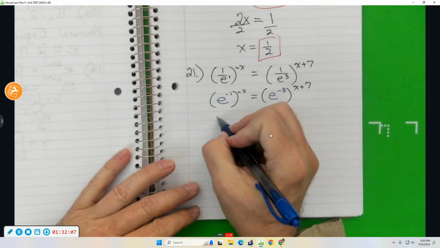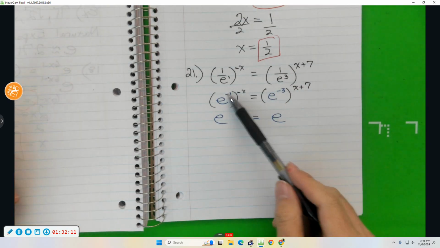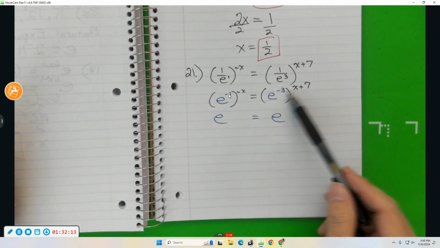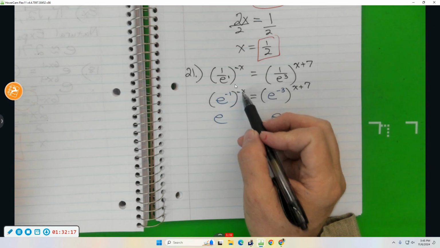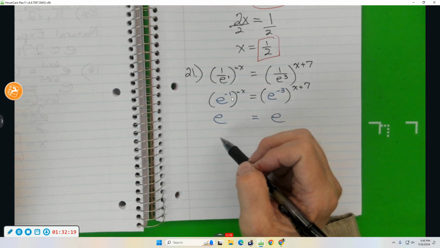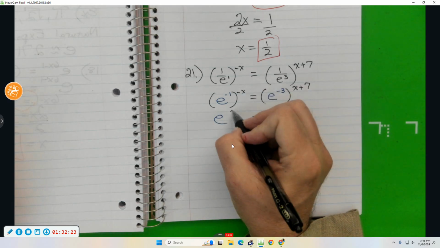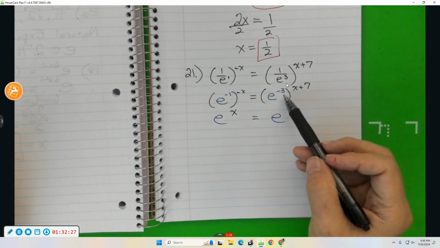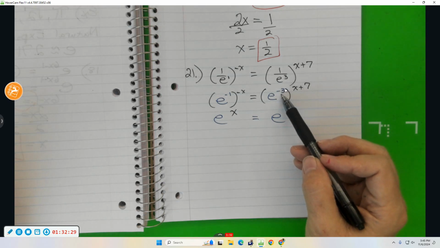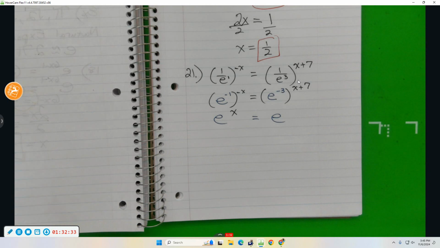Okay, there's my e's. Y'all tell me, what are we going to do? We have powers raised to powers. What do we do when we have a power raised to a power? Multiply. Negative 1 times negative x gives me a positive 1x. Here we're multiplying negative 3 times x plus 7. What are we going to have to do there to multiply?